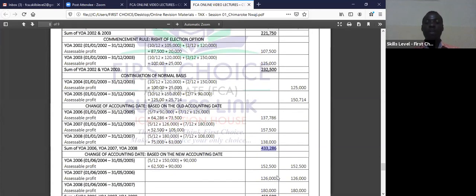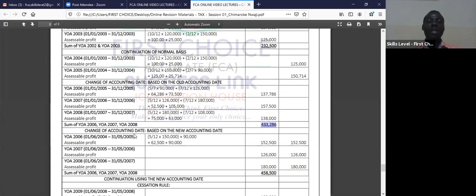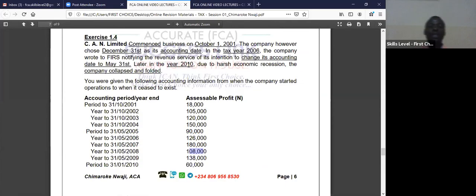Then you will now come and say, based on the new accounting dates. So you go back, start comparing 2006 again, new accounting dates. So the new accounting date, they said it changed to 31st May.